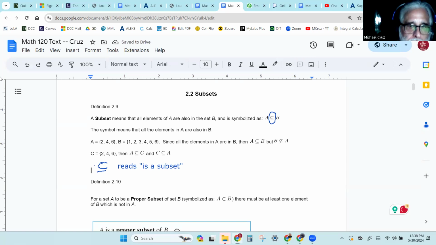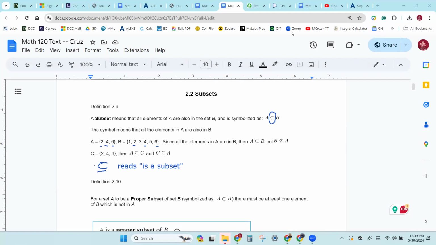Hopefully you'll notice that 2 is here and it's also in here. 4 is also in B and 6 is also in B. Because all of A, it has to be all of A, is inside of B, then we can say that A is a subset of B. So that's what that term means.